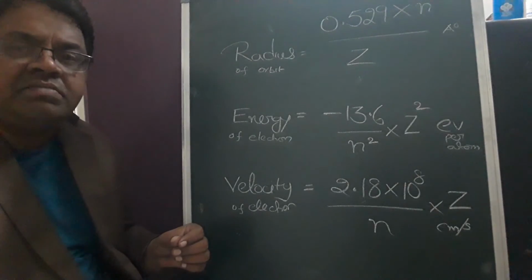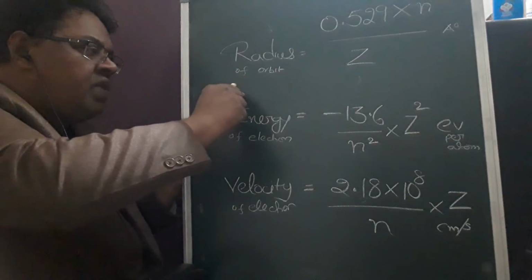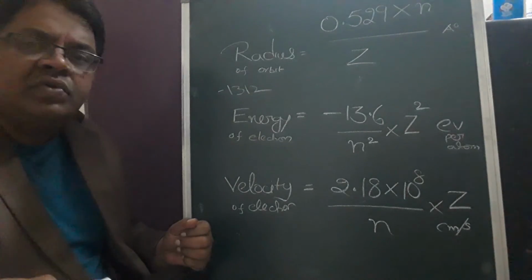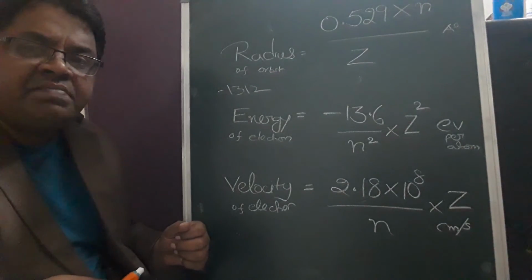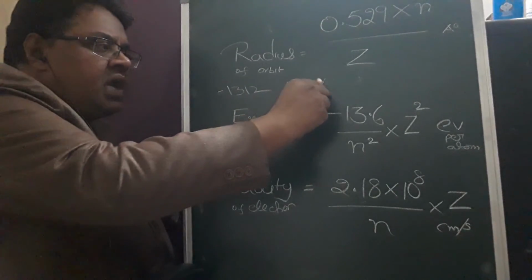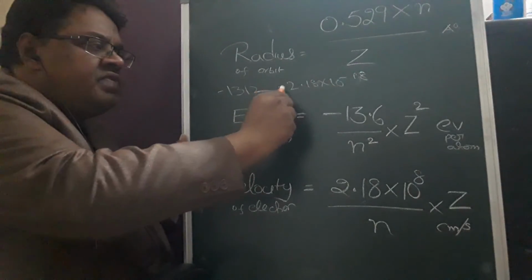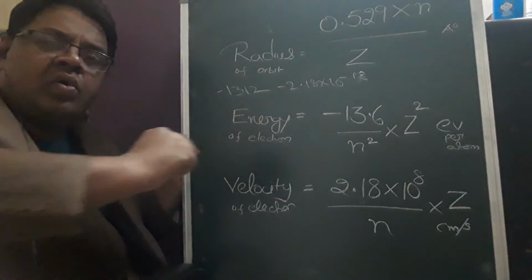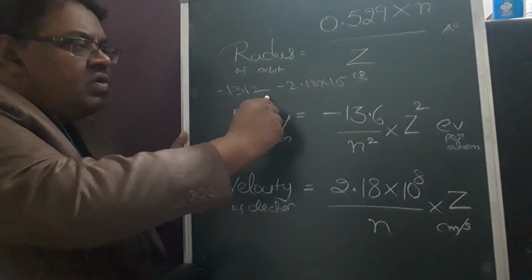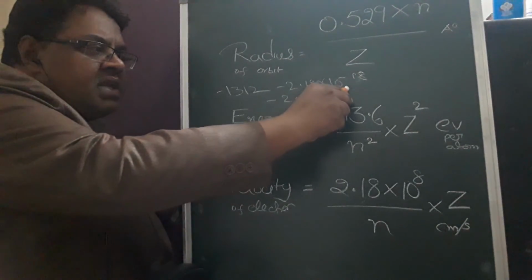If they give kilojoules, then you have to use −1312 kJ per mole. If you go for joules per atom, then the value will be −2.18 × 10^-18. And if you go for ergs, then the value is −2.18 × 10^-11.